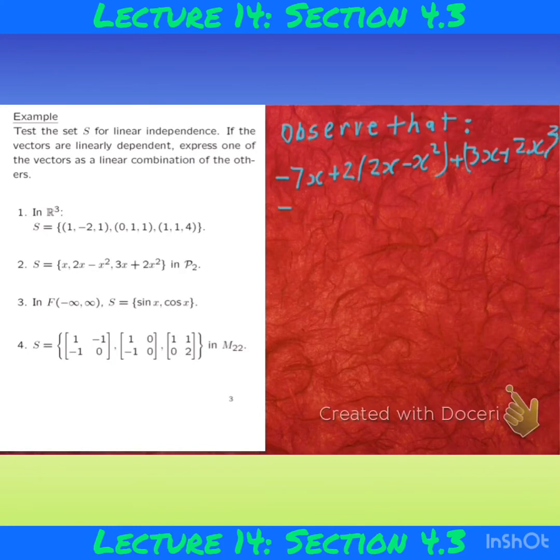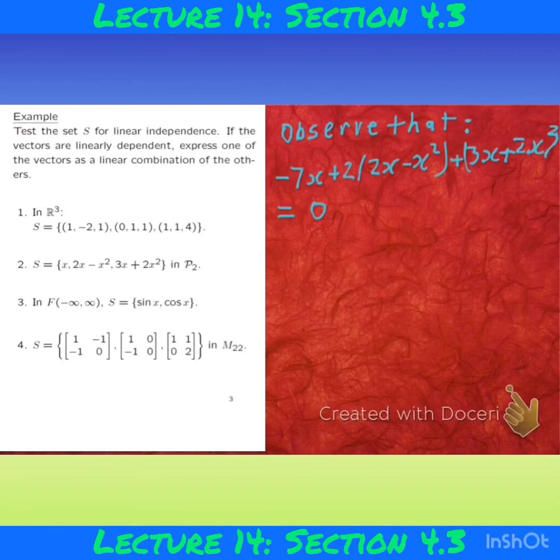Okay, now what is that equal to? So minus 7x plus 4x plus 3x, that's going to be 0. Minus 2x plus 2x, that is going to be 0. So that's going to be 0.